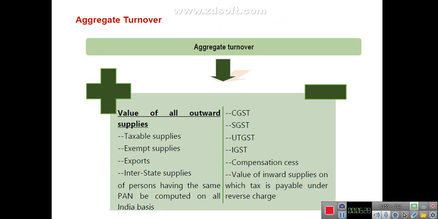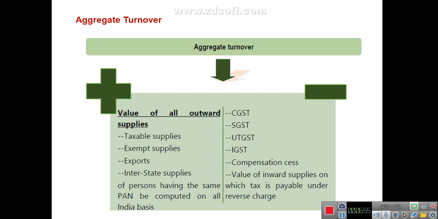In case of GST, the threshold limit is regarding aggregate turnover. So at the time of calculation of aggregate turnover, the value of all outward supplies like taxable supplies, exempt supplies, exports, and interstate supplies of persons having the same PAN is computed on an all India basis.